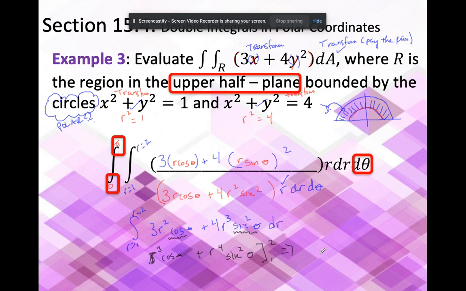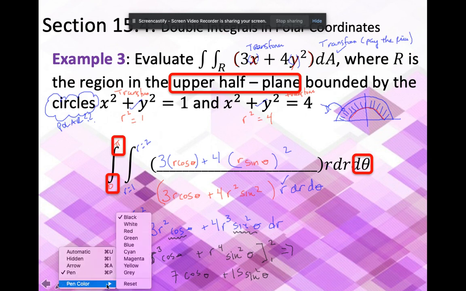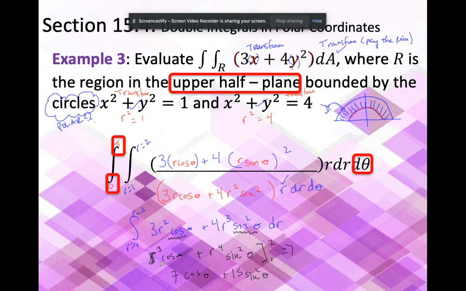So I ended up with 8 cosine theta plus 16 sine theta minus the quantity cosine theta plus sine theta. So I ended up in toto with 7 cosine thetas and 15 sine squared thetas. But what do I have to do with that?